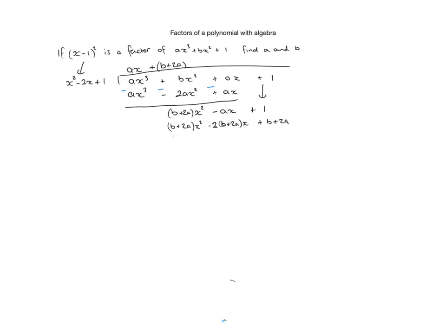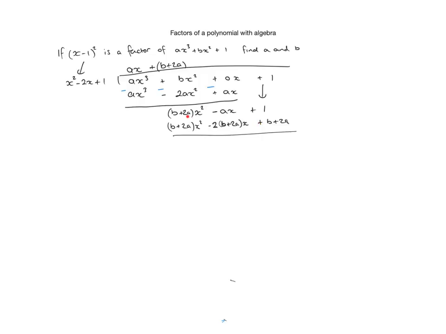Now, we know that this is a factor. We are told that x minus 1 squared is a factor, and x minus 1 all squared is exactly the same as this. So if it's a factor, we should have no remainder when we take these away, which means that essentially the top line is equal to the bottom line.